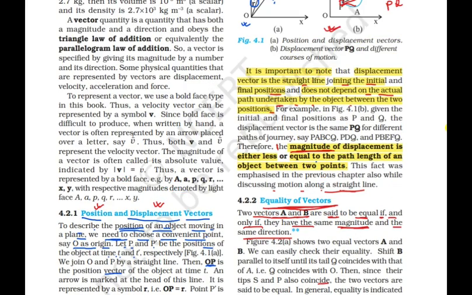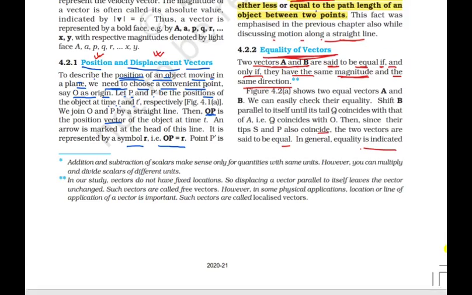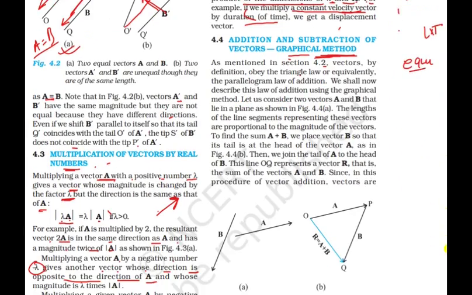In 4.2, a vector quantity has both a magnitude and a direction and obeys the triangle law of addition, and equivalently the parallelogram law of addition. We shall now describe this law of addition using the graphical method.